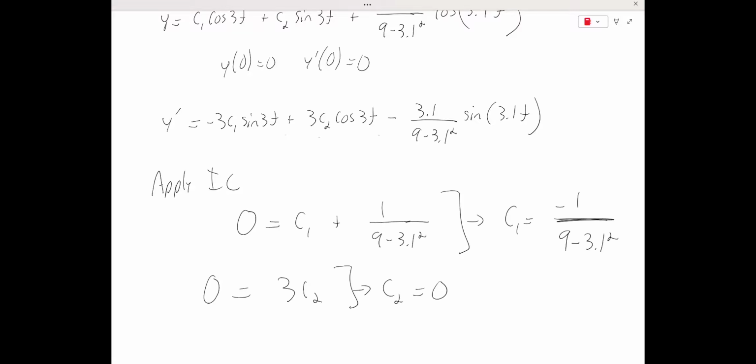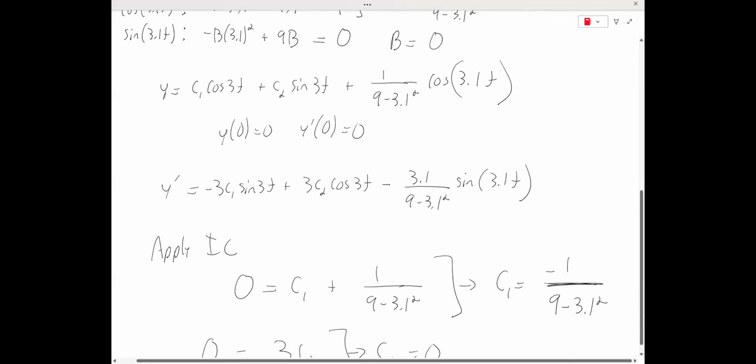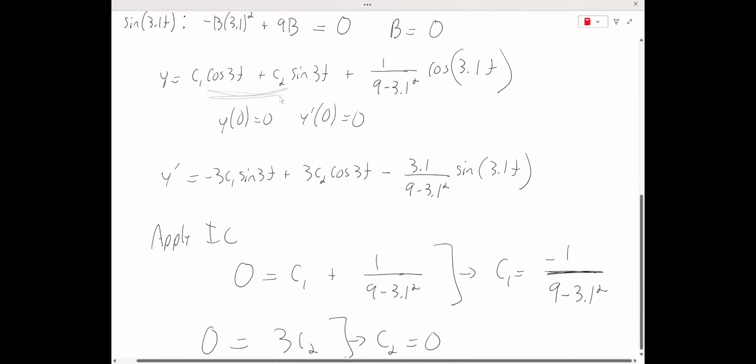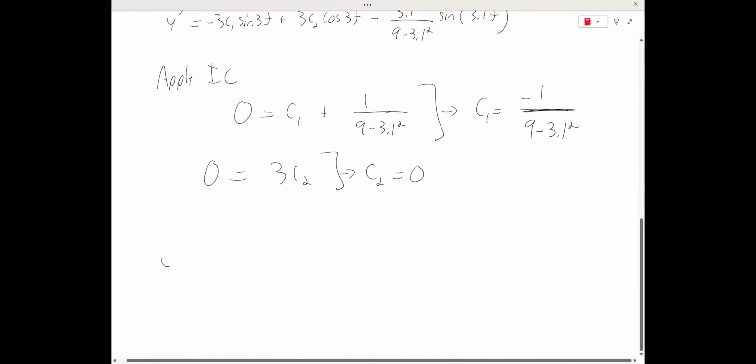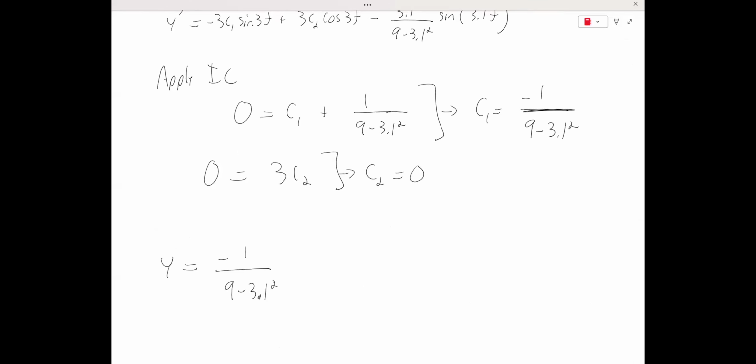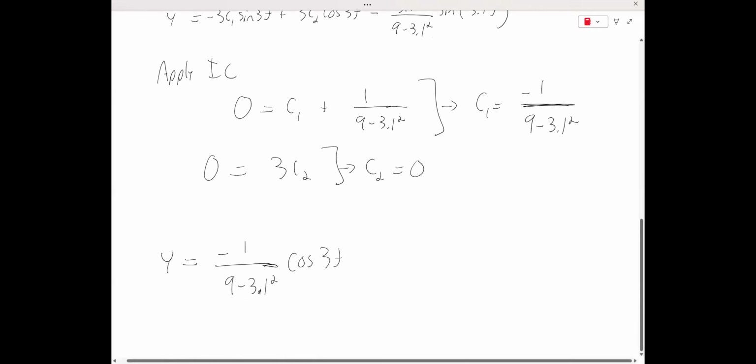Okay, so anything on that? So finally here, for the solution, now I know the C1 and C2. So I get y equals C1, which is this one, so 3.1 squared, and that was cosine 3t, plus the C2 is 0, so that will go away.